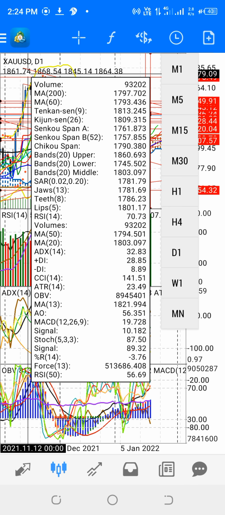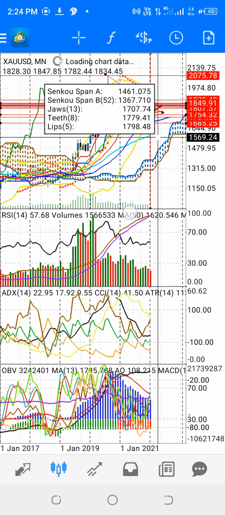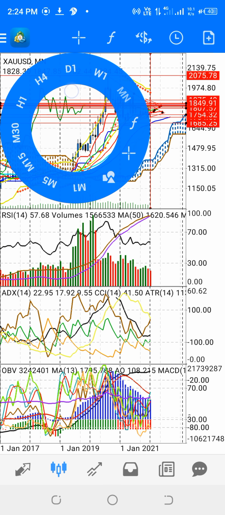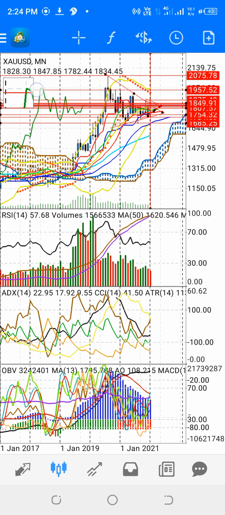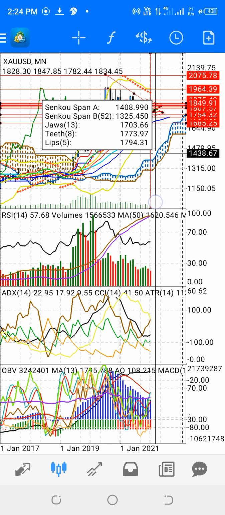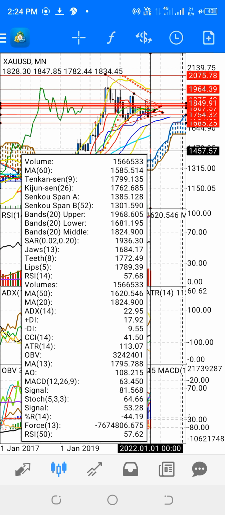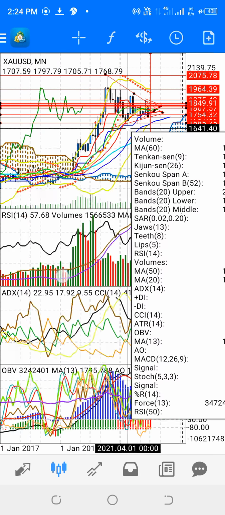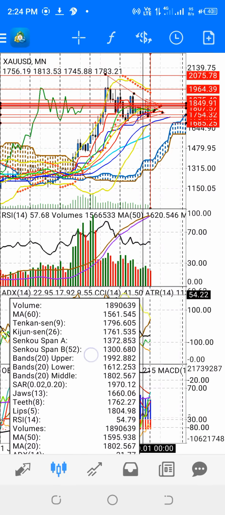Overall for gold, the trend is still upward. For this month, we will wait for the volume to increase, since the volume is still not ideal.